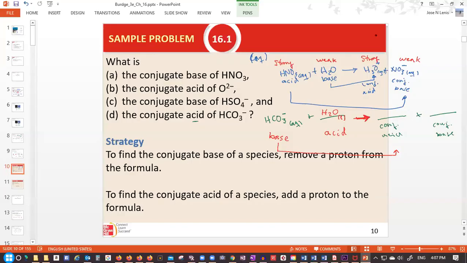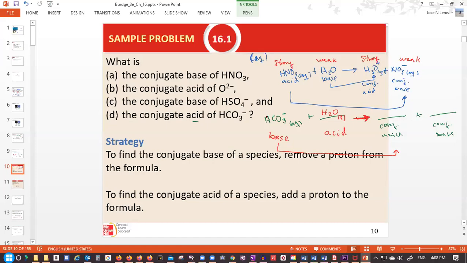Here the base, which is a proton acceptor, is going to accept the proton from the acid. Remember, acids donate protons and bases accept protons. I think I was saying the opposite previously.